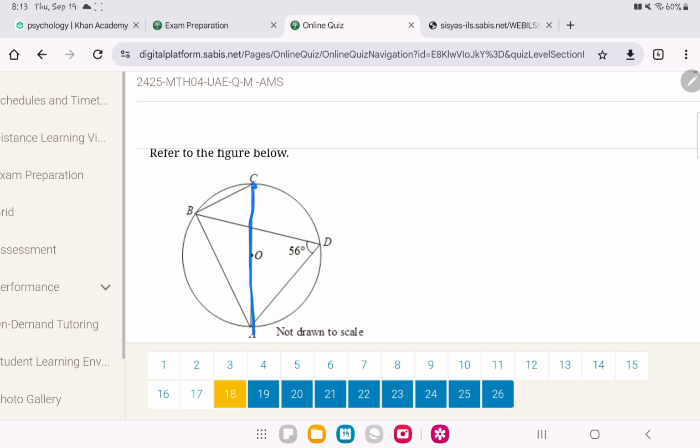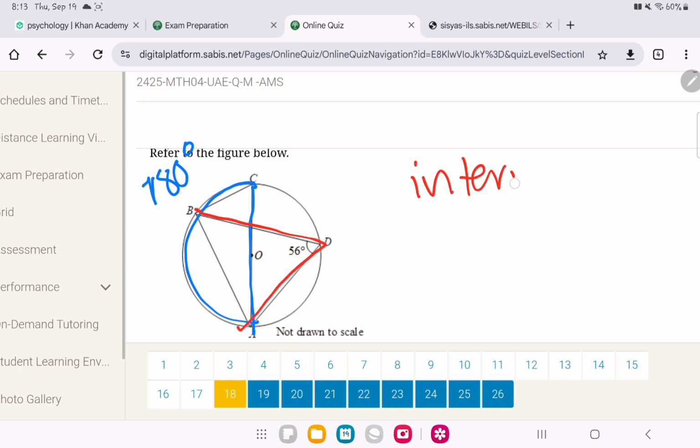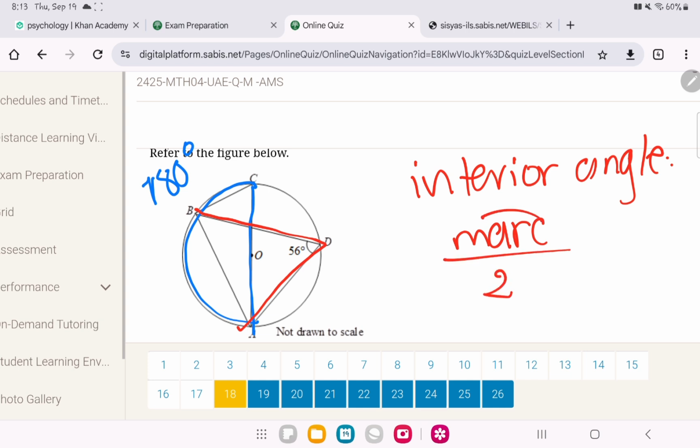it is a diameter, right? So that means arc CBA is 180 degrees. Then we have an interior angle, which is BDA. And we know that the rule for the interior angle is the measure of the arc over 2.